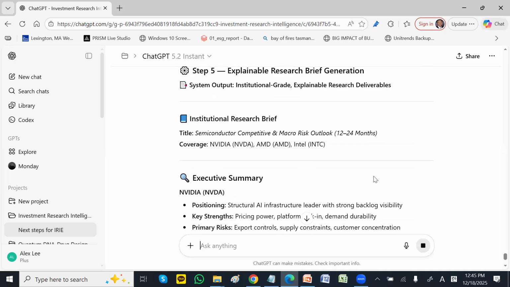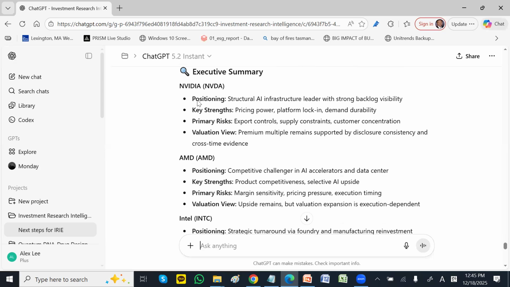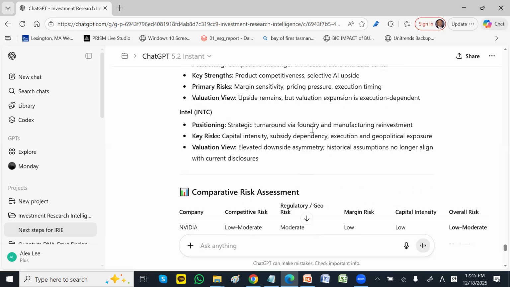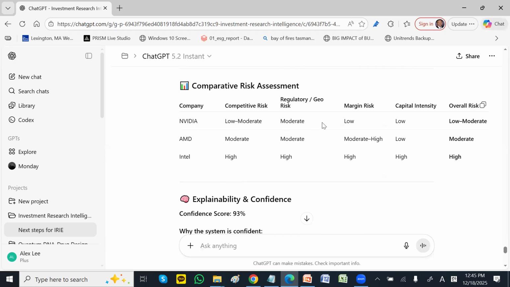So to go to the next step, it gives you an institutional research brief: the semiconductor competitive macro risk outlook for 12 to 24 months. Coverage is the portfolio companies in the stock market, NVIDIA, AMD, and Intel. Then it gives you an executive summary of the outcome: NVIDIA positioning, key strengths, primary valuation view, AMD, and Intel, and then a comparative risk assessment.